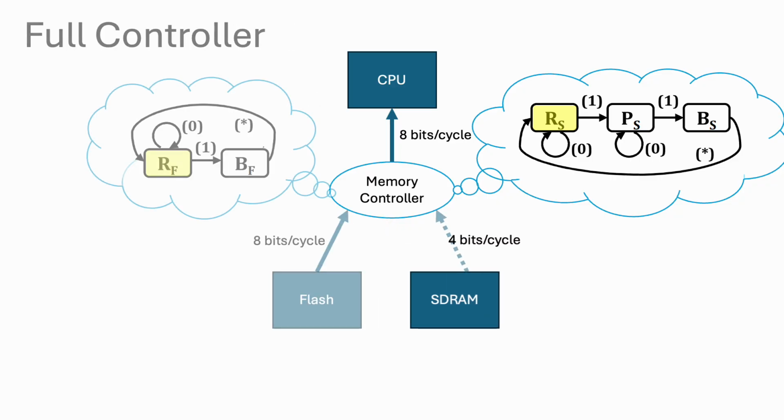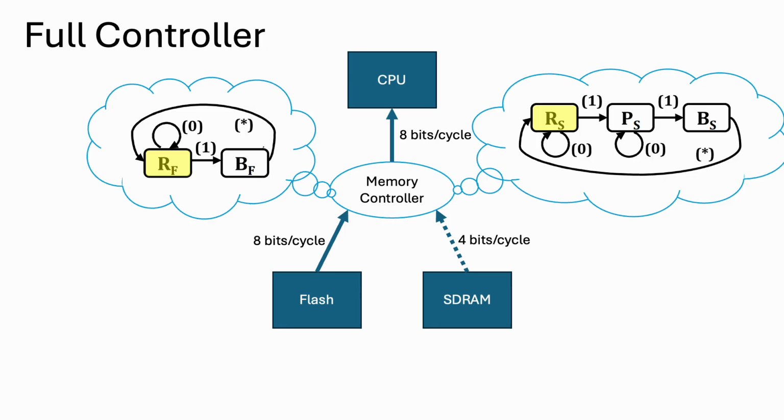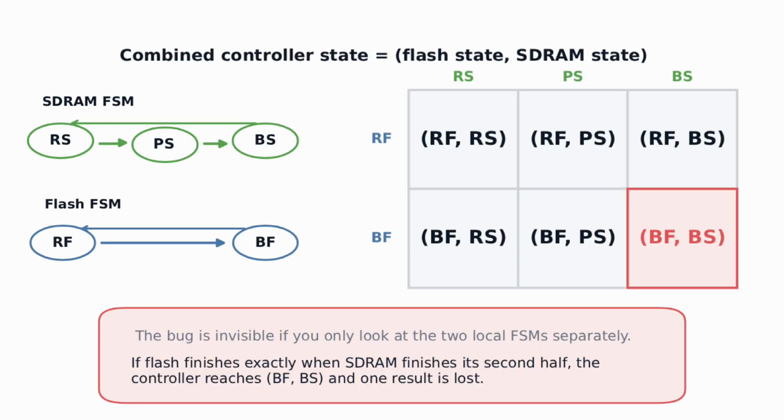So something quite interesting happens when you integrate these two well-behaved simple state machines together to make a memory controller that uses both flash and SDRAM. One of the states becomes a bugged state, specifically this bottom right corner, this busy first, busy second state, where the first circuit is flash and the second one's SDRAM in this case.